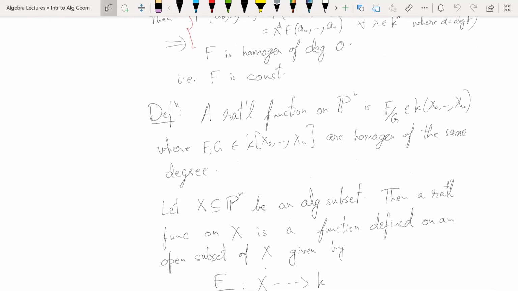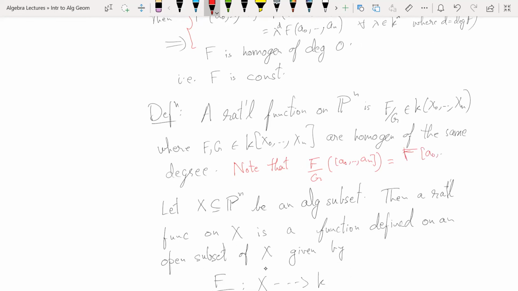But maybe note that f over g evaluated at (a0, ..., an) does give you a function.